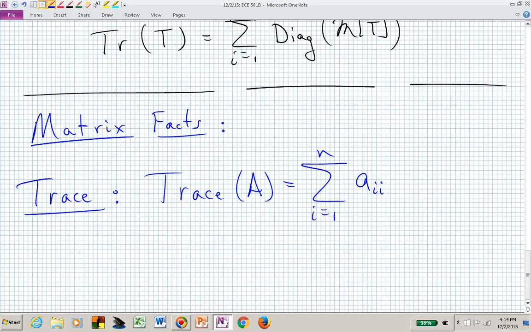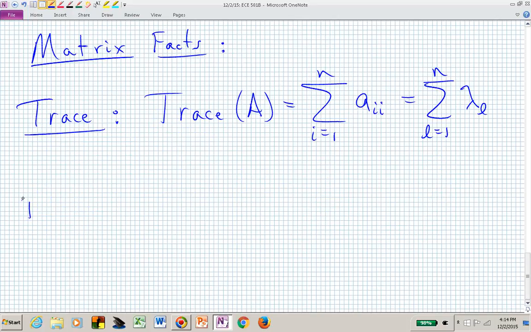That's why the subscripts are the same, A sub i i, and that's also equal to the sum of the eigenvalues, where lambda sub l, from 1 to n on l, are the eigenvalues of the matrix A.